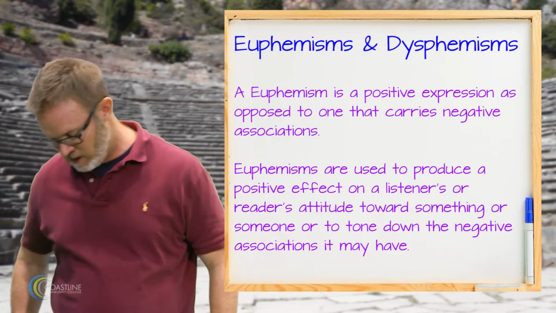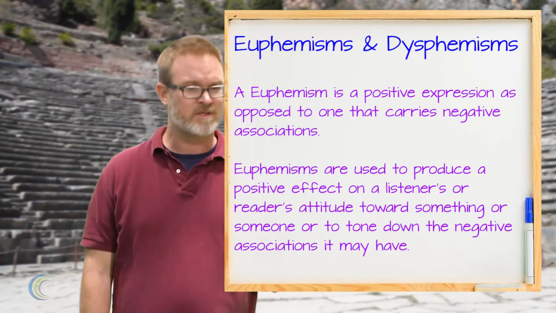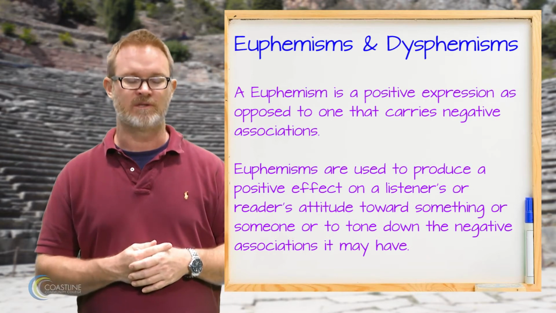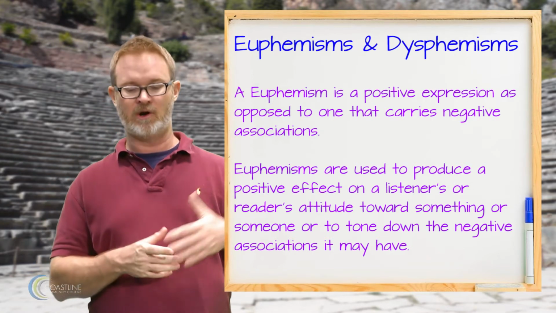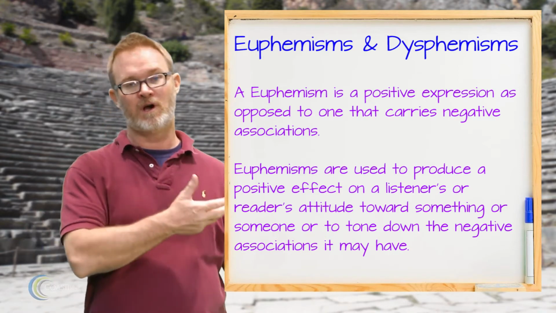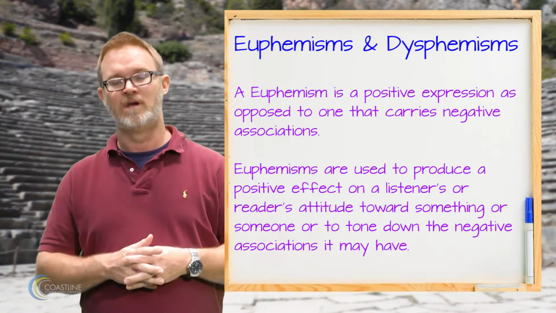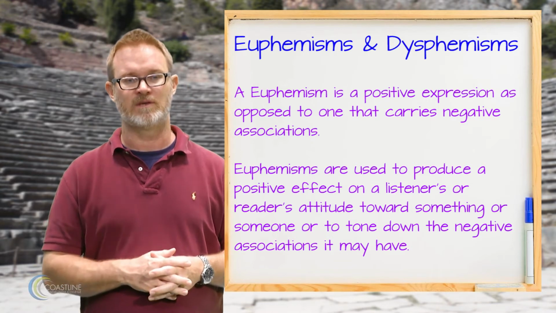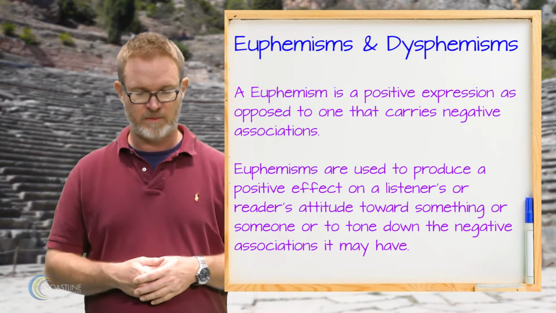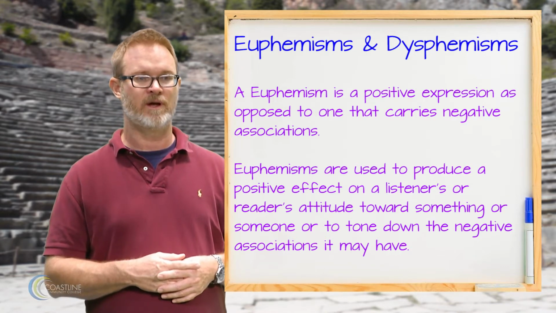So for example, if you're at somebody's funeral and you're speaking to someone who's lost a loved one, you don't say, oh yeah, sorry, so-and-so's dead, right? You say, sorry for your loss, or sorry they've passed, or they've gone to a better place. You say things like this, and these are euphemisms for somebody dying, essentially.